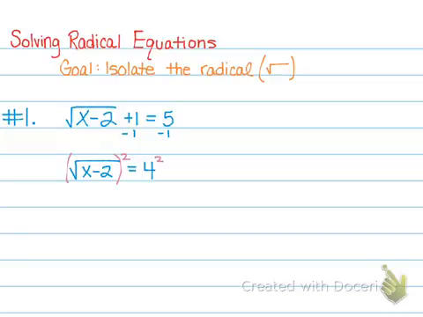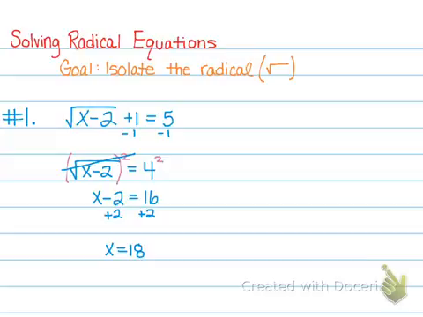So on the left-hand side, that cancels out the radical, and we're just left with x minus 2, and then 4 squared is 16. So then we just solve the rest of the problem like the linear problem it is, and we get x equals 18.